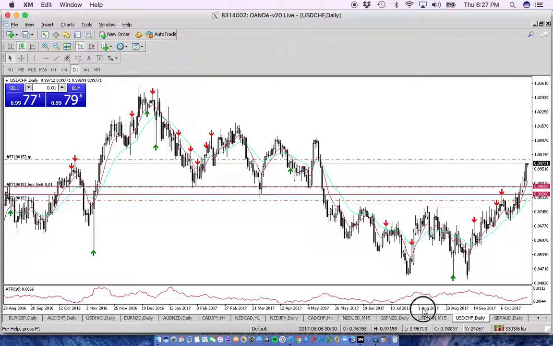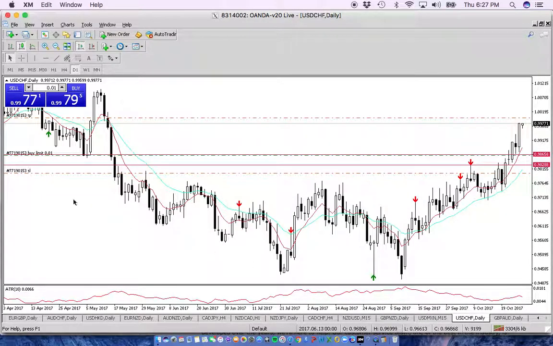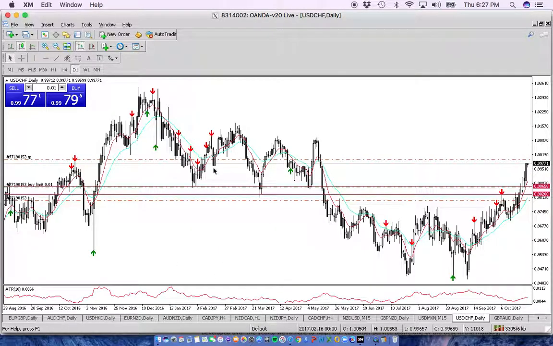But what I wanted to show here is, as you see, all these support or demand zones.